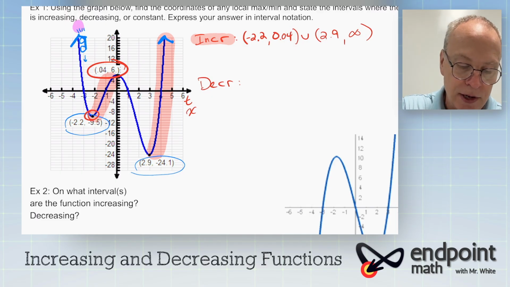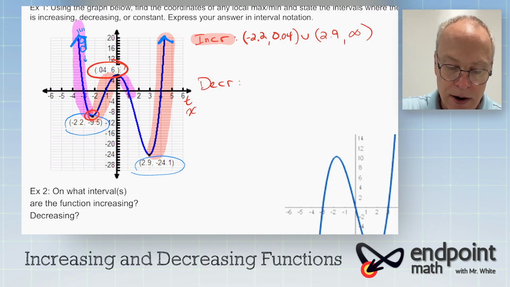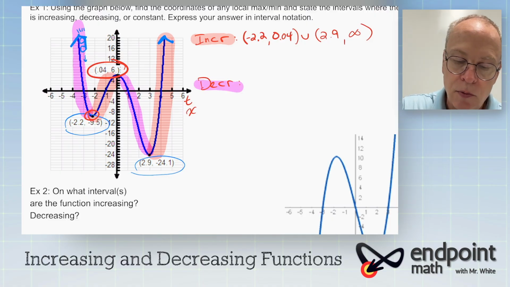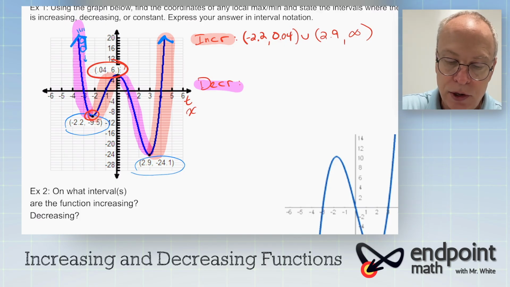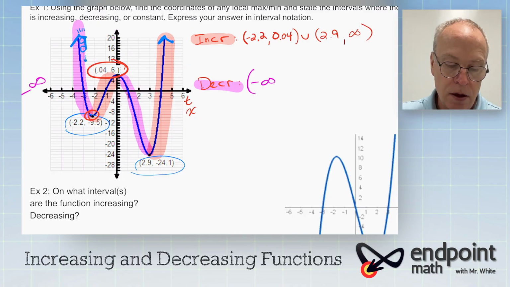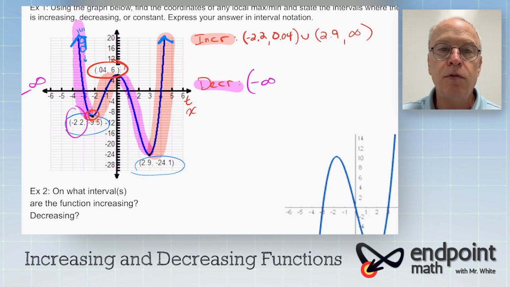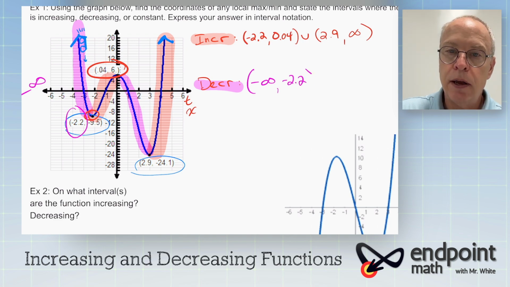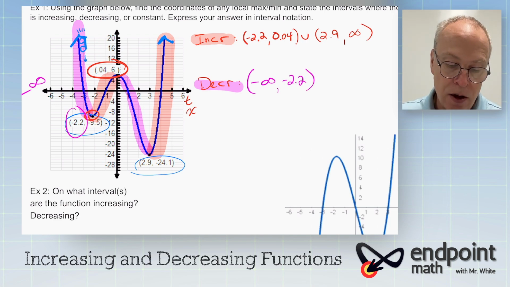All right, decreasing would have been from here to here and from here to here. So let's write those. And we always write interval notation thinking left to right. So this would be negative infinity, right over here, all the way up to negative 2.2 is where it's going down.